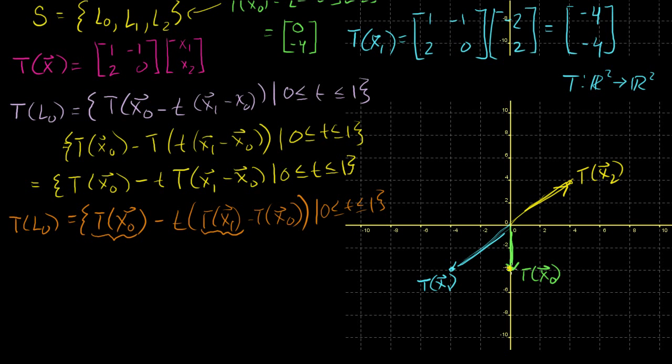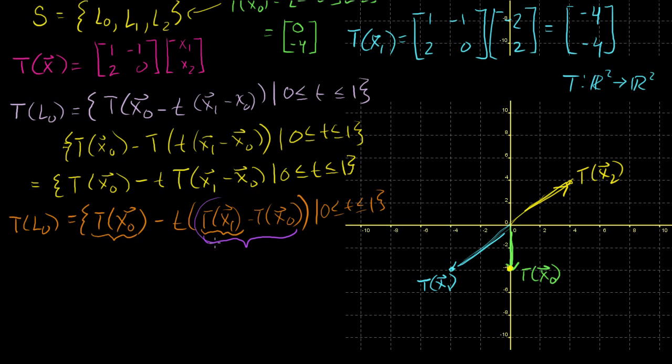That's the point specified by this vector right here. And to that, I add scaled multiples of the transformation of x1 minus the transformation of x naught.